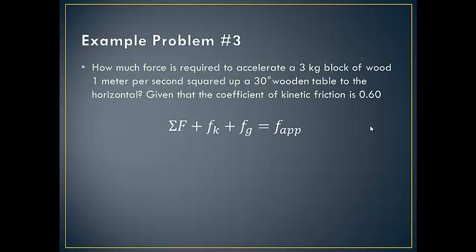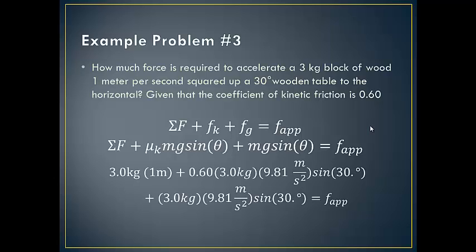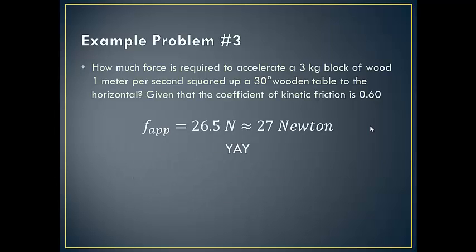Now we know that Fk and Fg can be substituted by these equations, and by plugging in the numbers, we get the answer as 26.5 Newtons, which is approximately 27 Newtons.